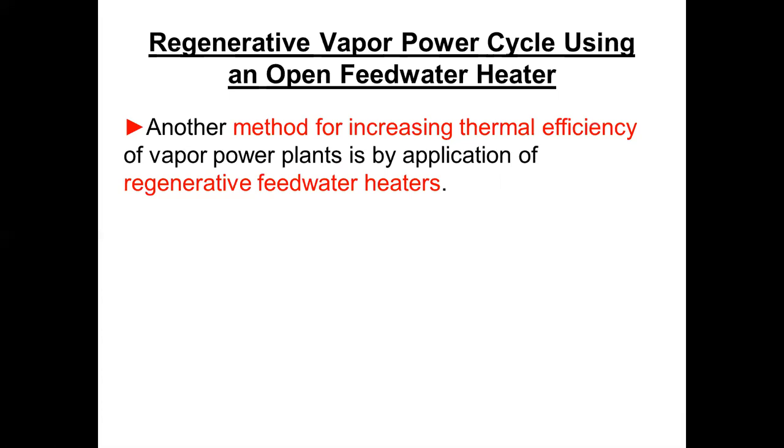So it turns out it's easier, you just have to buy this additional hardware, and we extract steam from the turbines, which reduces the power output of the turbine certainly, but there's more bang for the buck in terms of reducing the cost and improving the efficiency to take that steam, throw it into a feed water heater, condense it, and increase the temperature of the feed water.